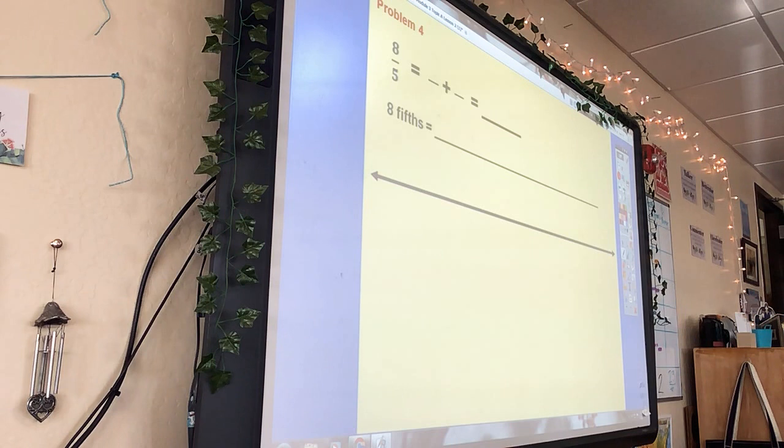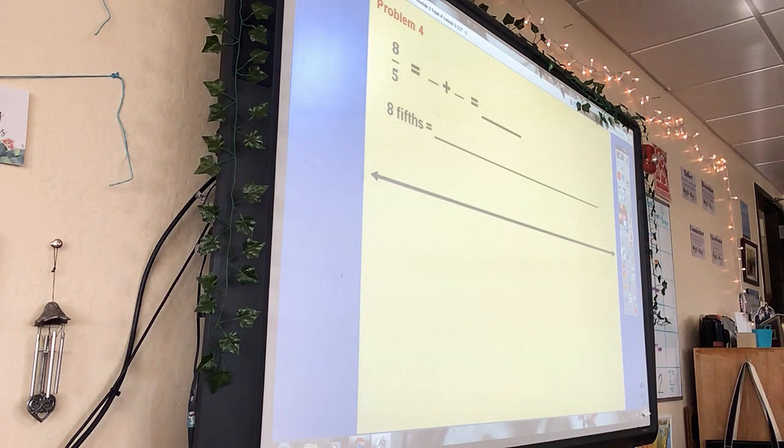What do you notice about the 8 fifths? What kind of fraction is that? For fifths, what would be 1 whole? Yeah, good.